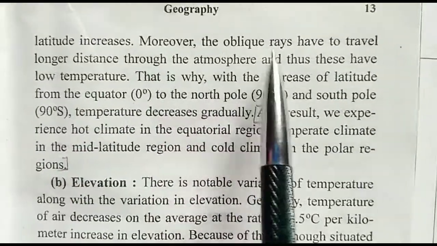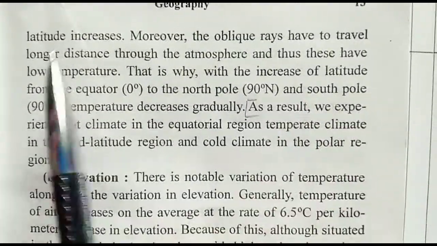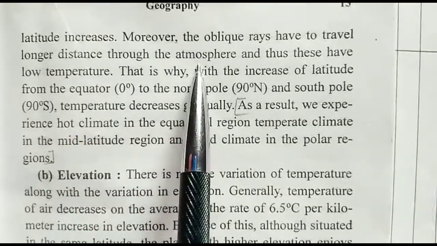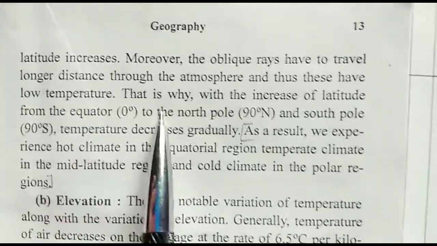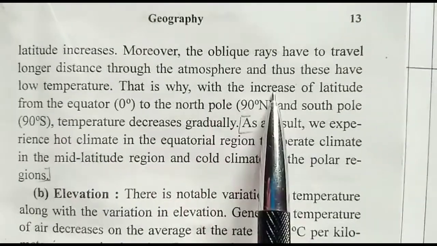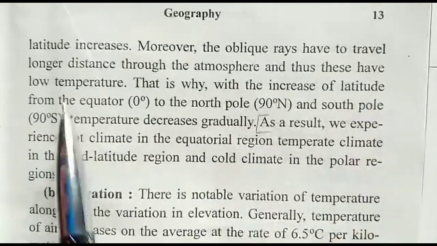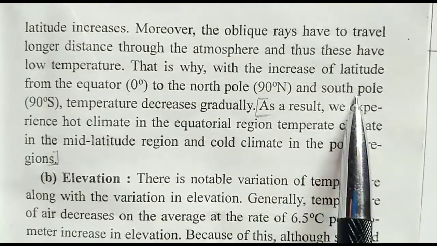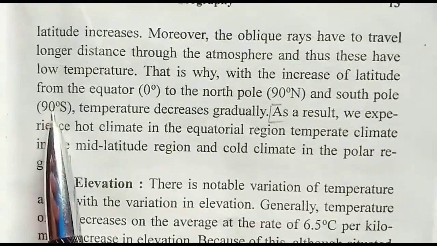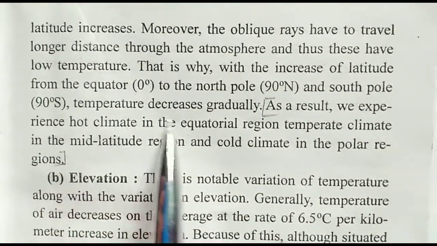Moreover, the oblique rays have to travel a longer distance through the atmosphere, and thus have low temperature, and that is why with the increase of latitude from the equator, that is 0 degree, to the north pole, that is 90 degree north, and the south pole, that is 90 degree south, temperature decreases gradually.